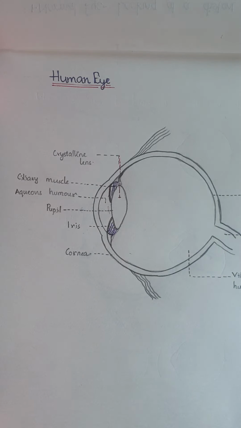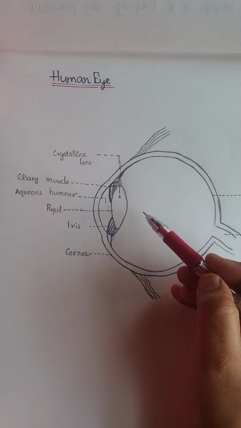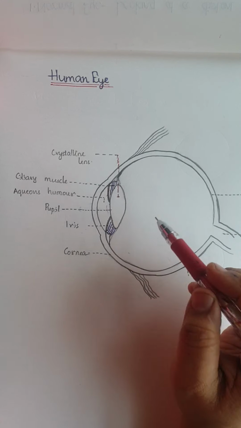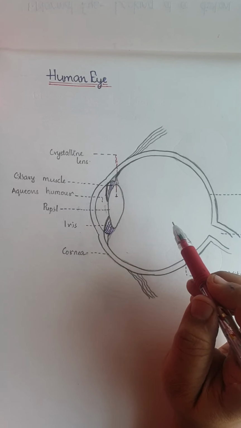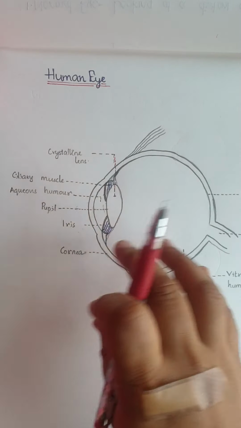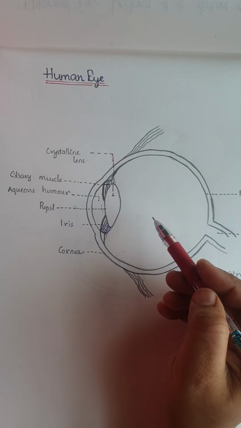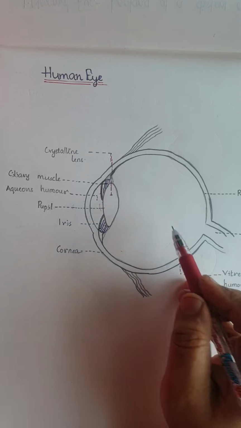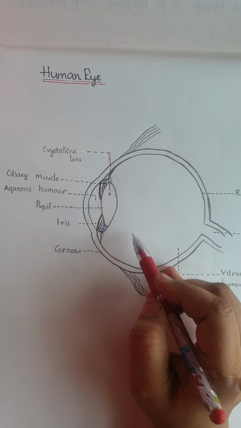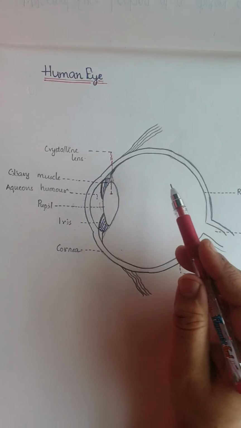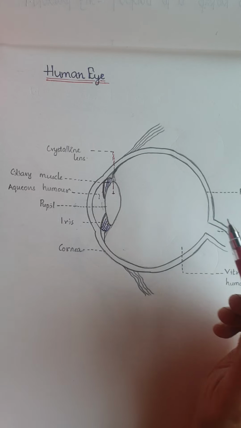Then comes vitreous humor, right? Yes, vitreous humor. It is a jelly fluid which helps to maintain the spherical shape of the eyeball.